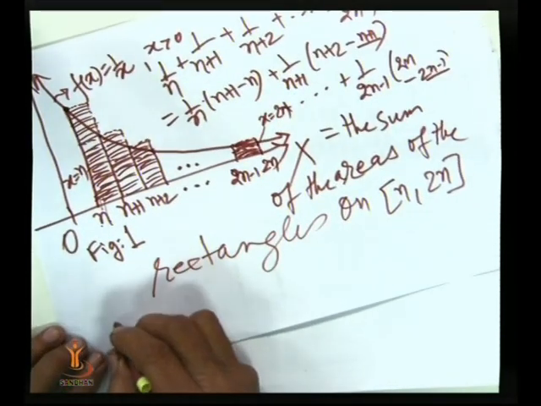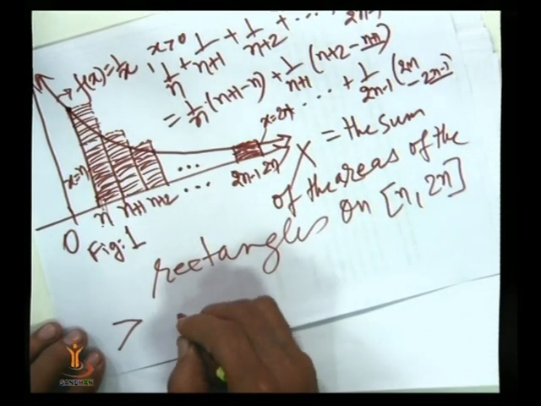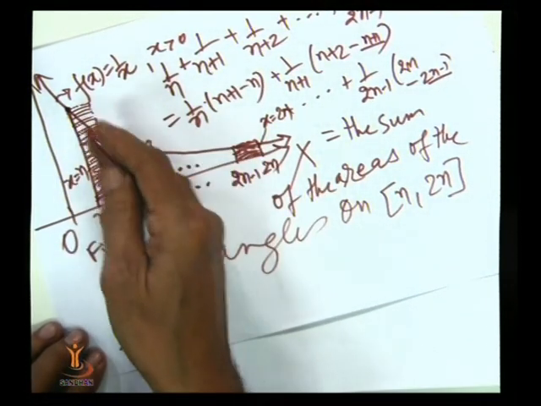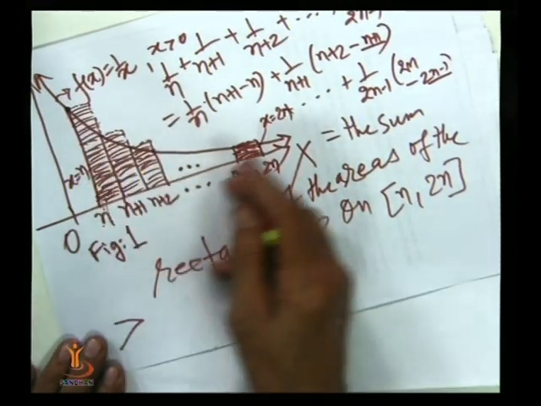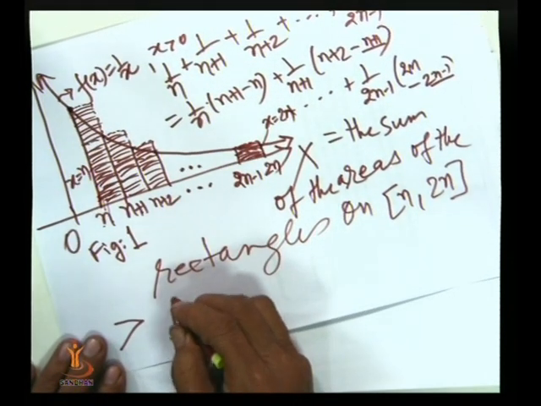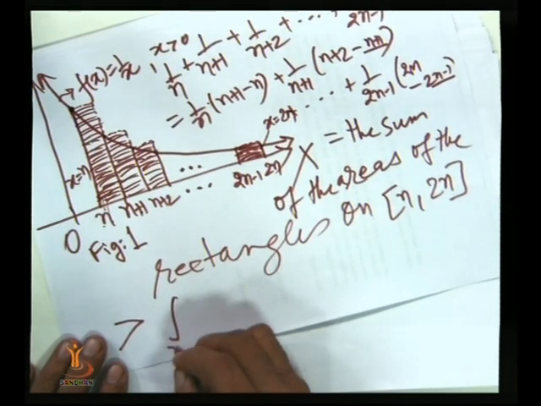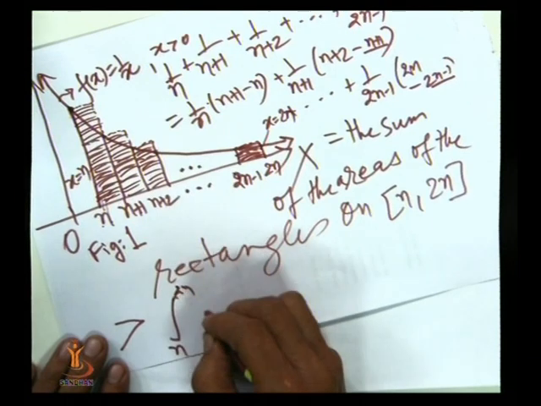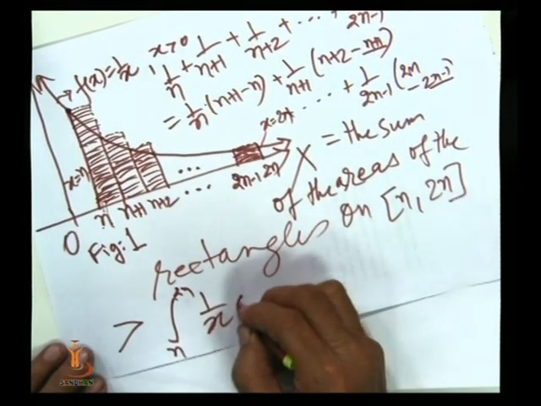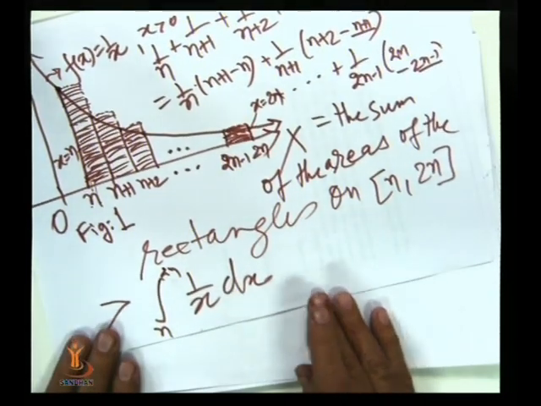This area is nothing but the definite integral from n to 2n of 1 upon x dx.